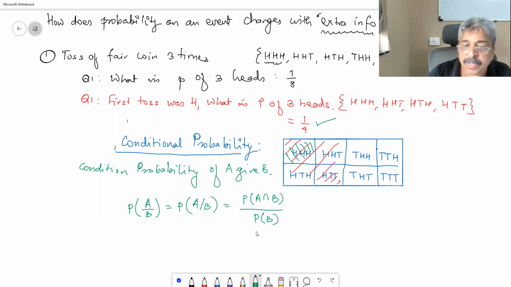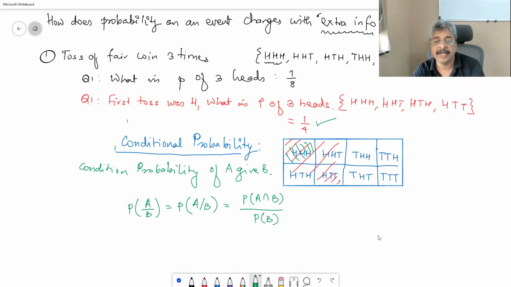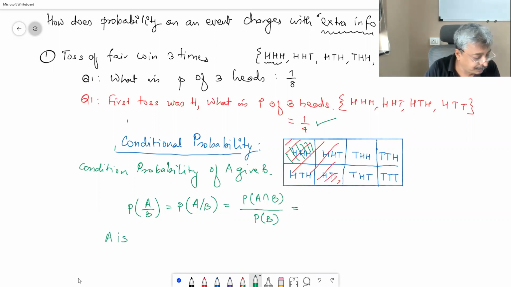Probability of A intersection B in our case was, think about it. Event A in our example. See, writing the event correctly carries a lot of importance in probability. Event A is all 3 tosses are heads.